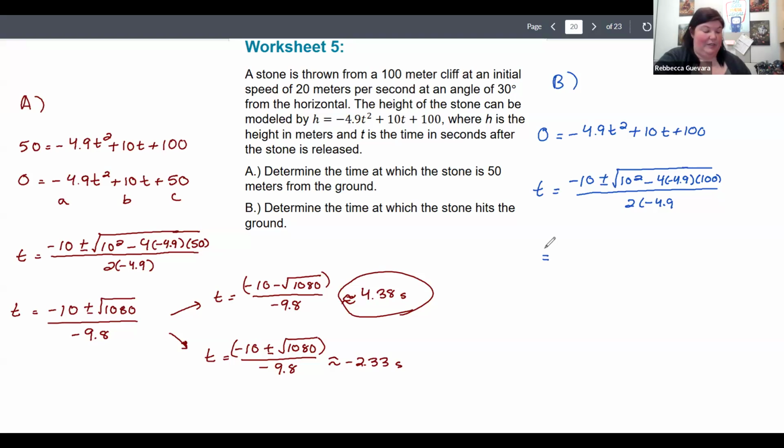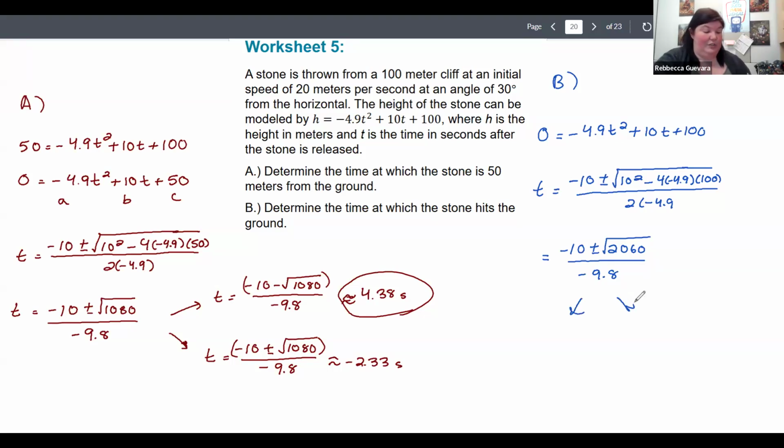Oh, dang, I have to put that all in there again. So 100 minus 4 times negative 4.9 times 100. This is going to be negative t plus or minus the square root of 2060 divided by negative 8.9.